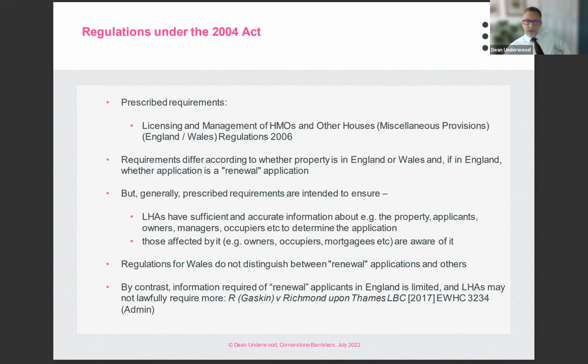As I say, they are a little bit dry, but for present purposes, I would ask that you take it from me that generally they're intended to ensure that local authorities have sufficient and accurate information about, for example, the property, the applicant, its owners, managers, occupiers, facilities, etc., to determine the license application. And indeed that those affected by it, including the owners, occupiers, but third parties such as mortgagees are aware of the application.